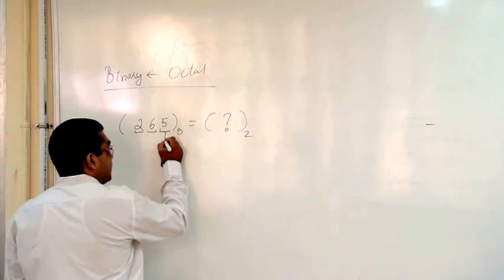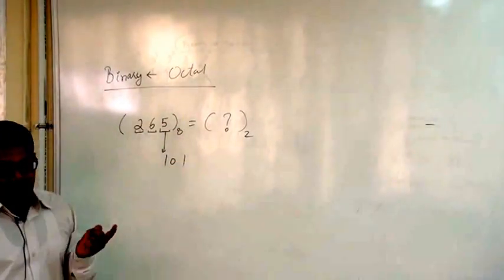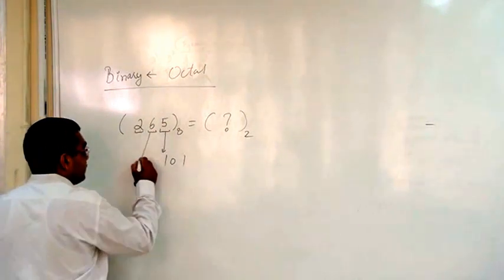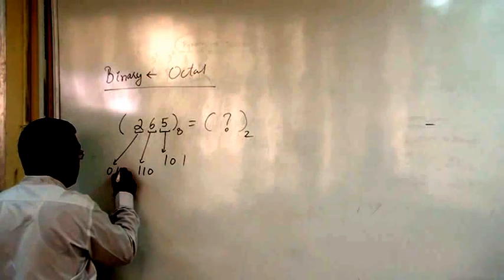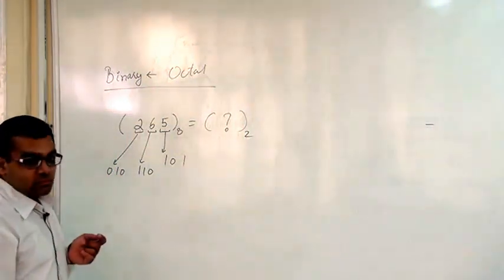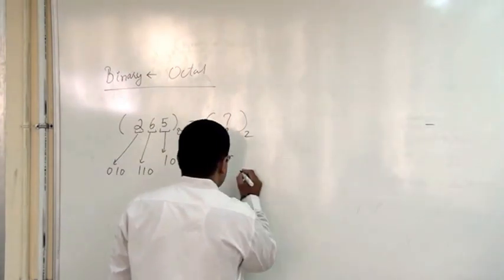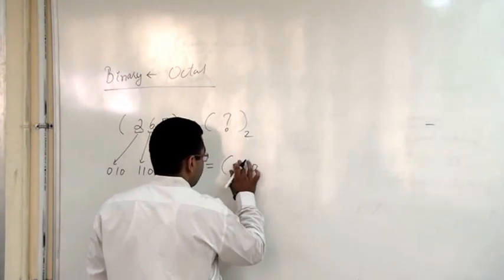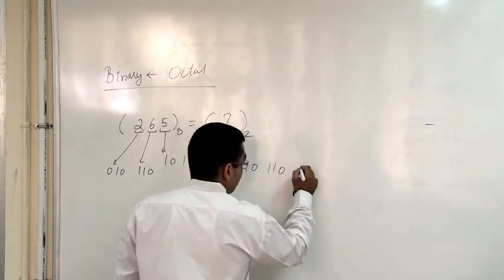So 5 if we represent in binary, it will come out to be 101. 6 will come out to be 110, and this will come out to be 010. So the binary representation comes out to be 010, 110, 101.